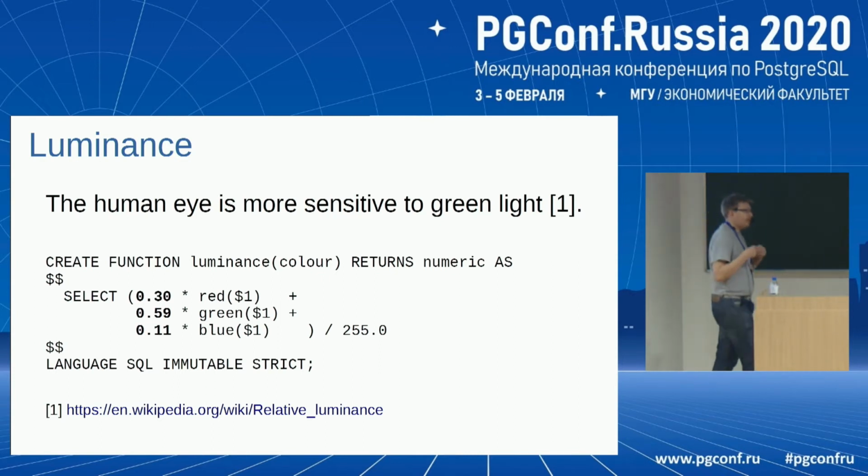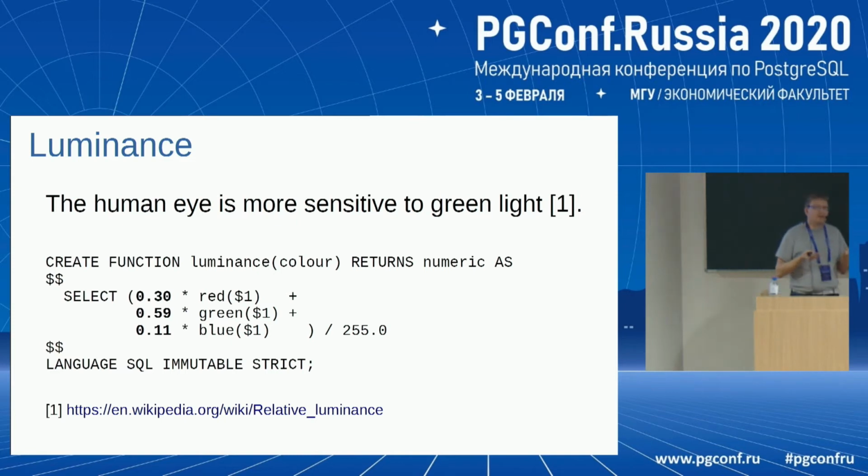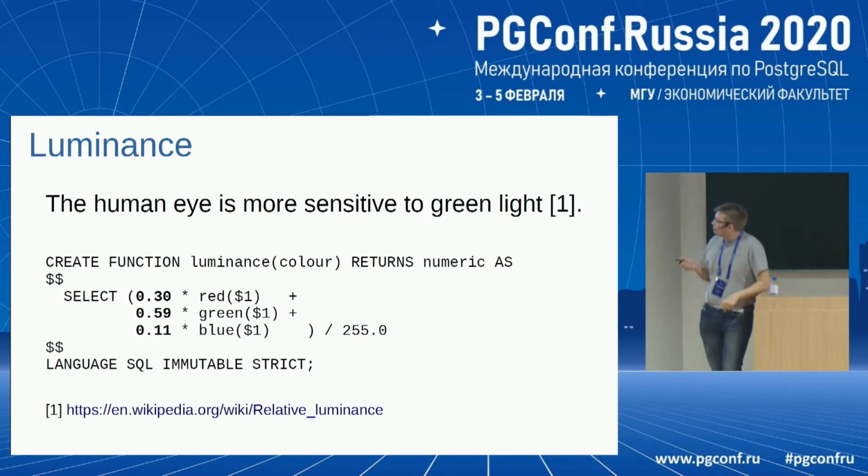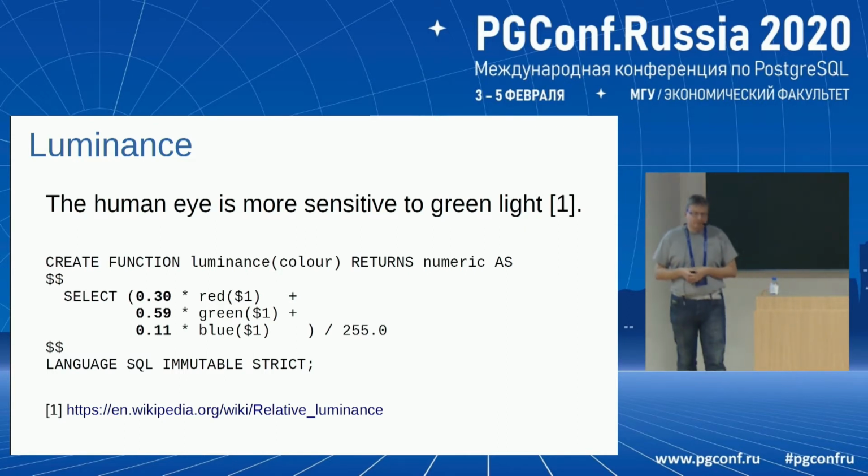So if you have bright green, it looks a lot brighter than, for example, blue color. So I'm going to create a function that has these factors for luminance, which basically means how bright the color appears to be to a human eye.